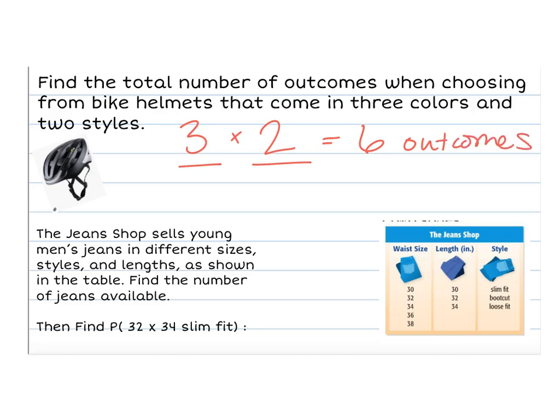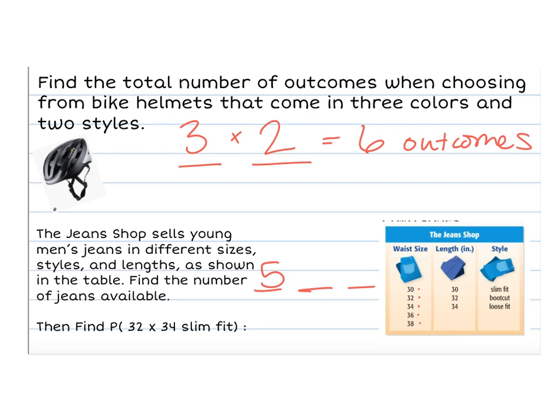The jean shop sells young men's jeans in different sizes, styles, and lengths as shown on the table. Find the number of jeans available. So you're choosing a size, a style, and a length. Looking at the size, there's 1, 2, 3, 4, 5 sizes to choose from.